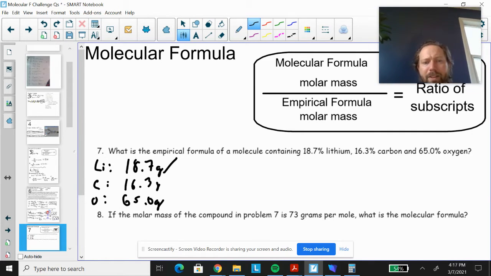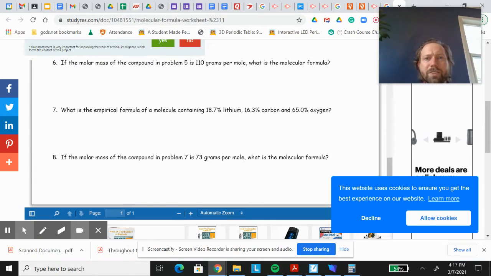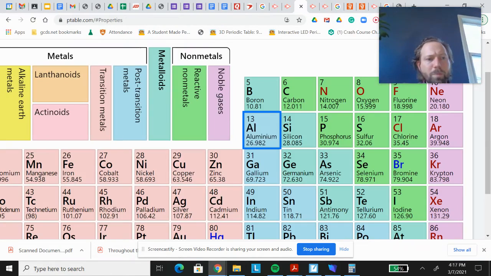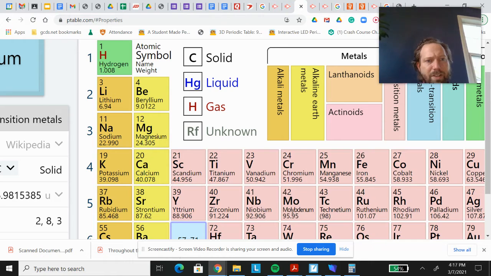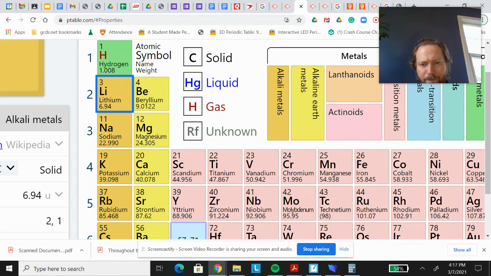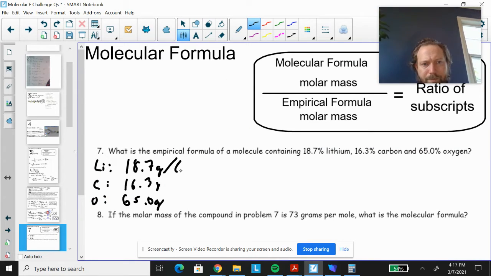I'm going to divide by lithium's molar mass, which is 6.94, then carbon's molar mass, 12.01, and lastly oxygen's, which is 16.